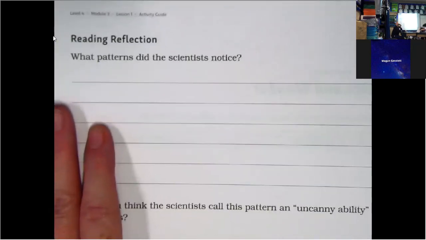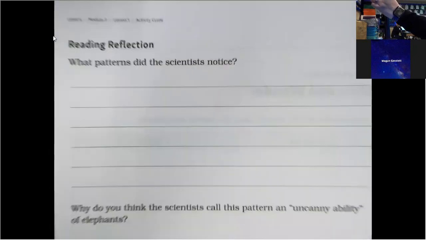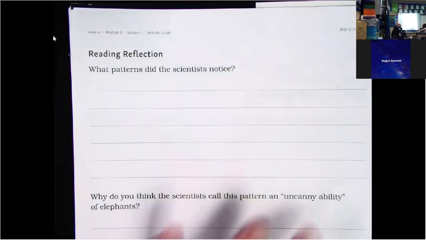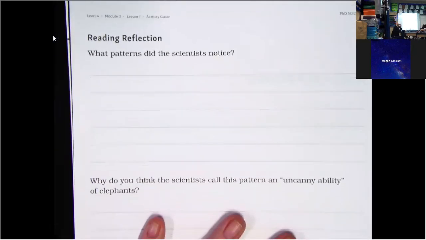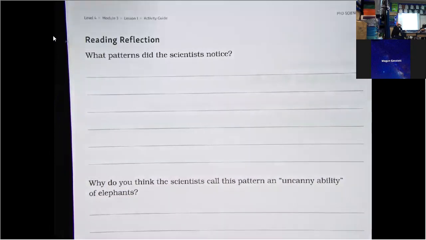What patterns did the scientists notice? This has to do with that article that I read to you. And I will turn it to the article in just a moment. And then why do you think the scientists called this pattern an uncanny ability of elephants? Okay, I'm going to turn back to the article for you.